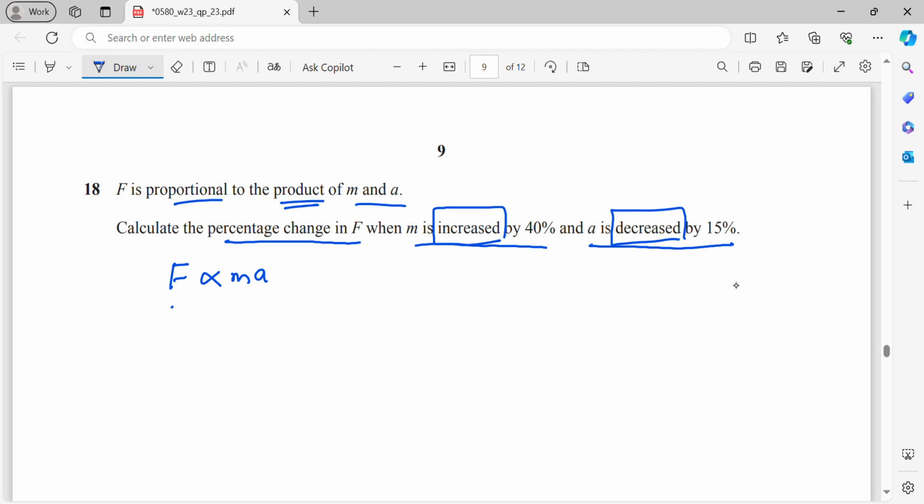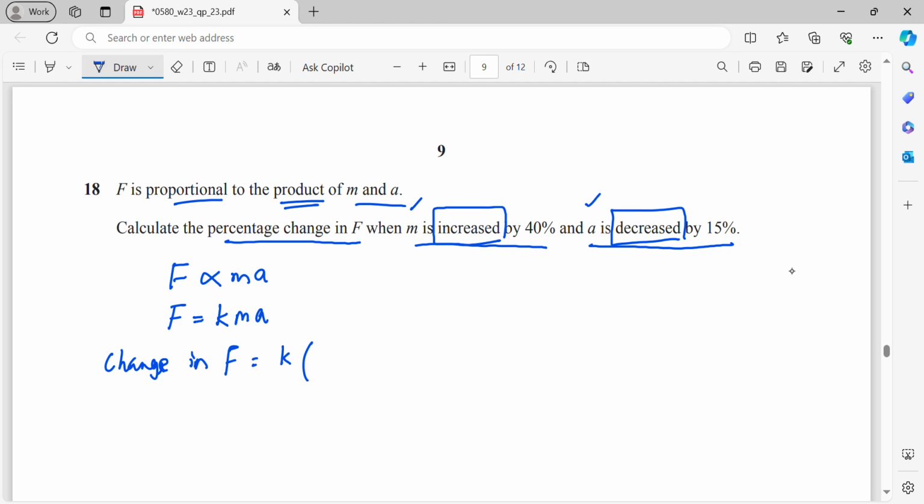From the proportional sign, you change to an equal sign, but you have to multiply by a constant, k, to the ma. Now the change in f: because you are not given the original m and original a, I will directly find the change in f first. It will be k times the change in m multiplied with the change in a.